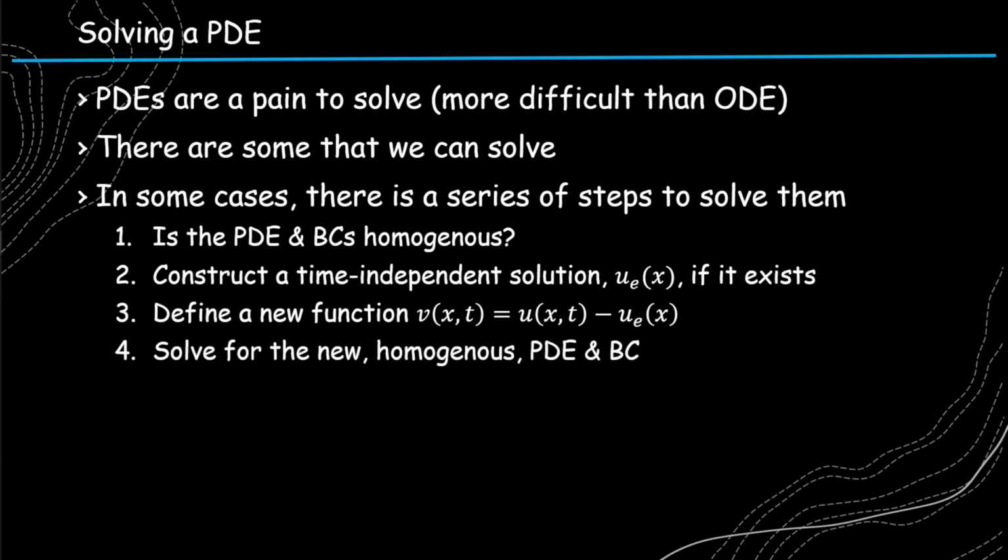Lastly, step 4 is to solve the new homogeneous PDE and boundary condition. It's kind of like starting all over, but this time it is going to be homogeneous, and from there we're going to be using the methods for solving these problems. Some of these methods include separation of variables and method of characteristics, and these are just a few methods of solving PDEs.